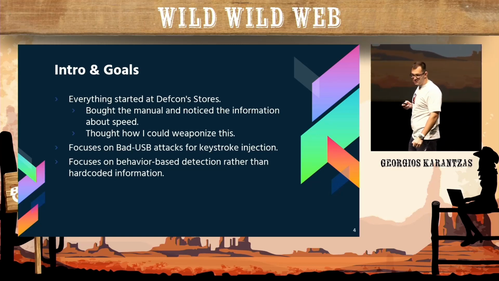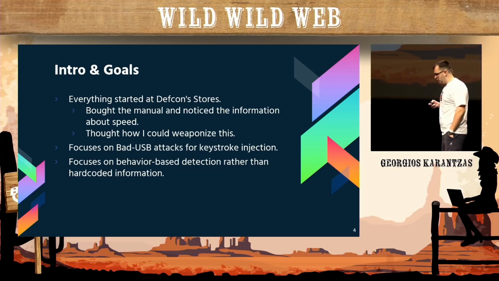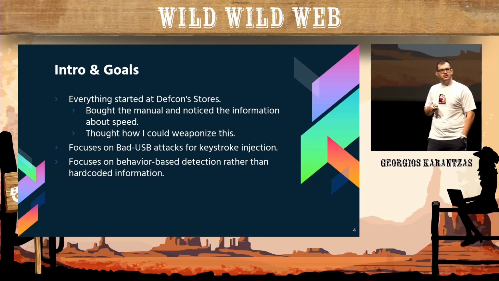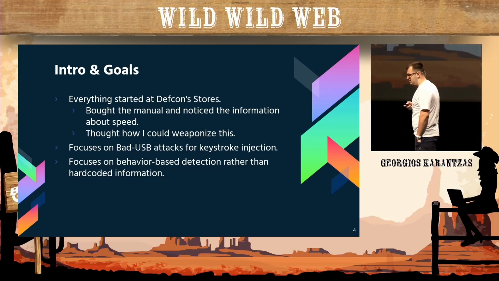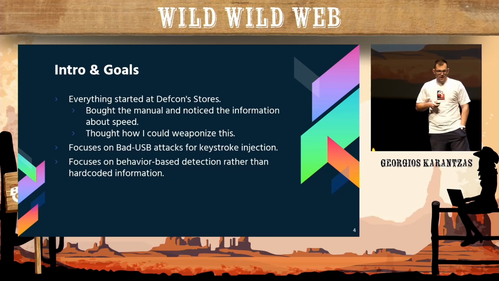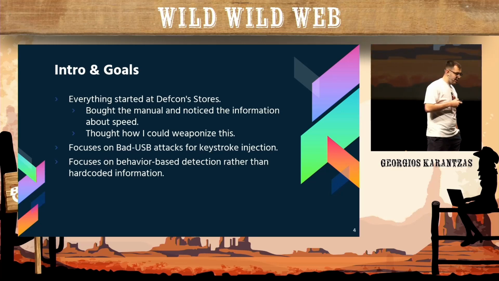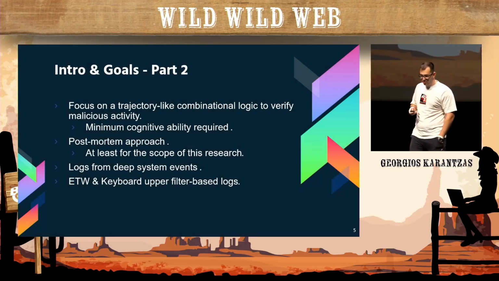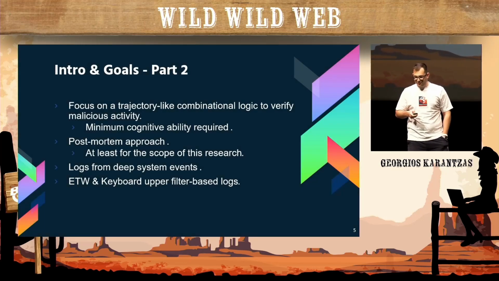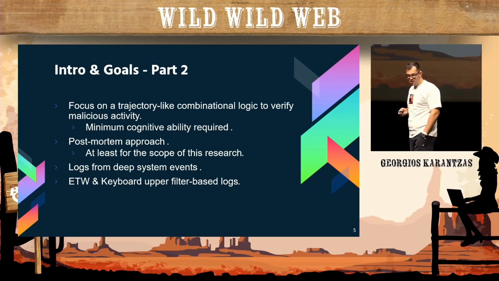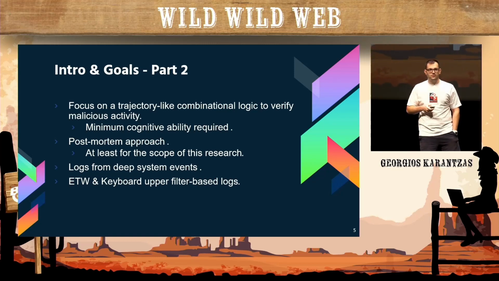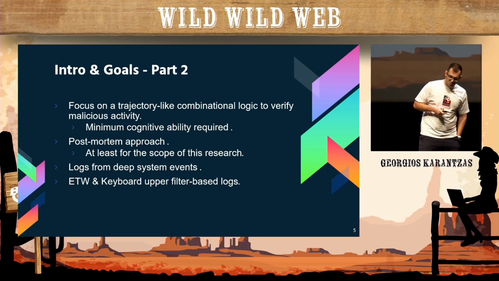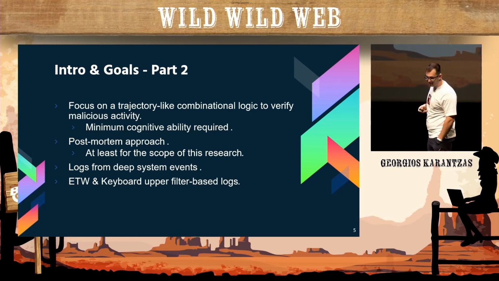As I already said, what we will focus on is behavioral detection. We will try to correlate certain information, including speed, to identify whether there is a malicious attempt. And how are we going to do this? We're going to collect information from the Windows operating system. For the scope of this research, everything we do is post-mortem, so we can assume that something has happened and we have the logs from some kind of agent running.